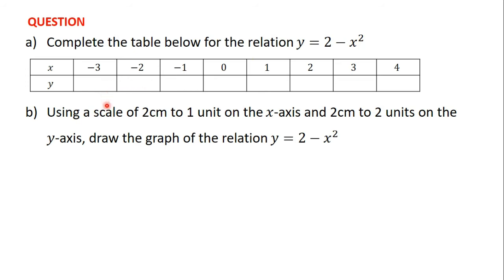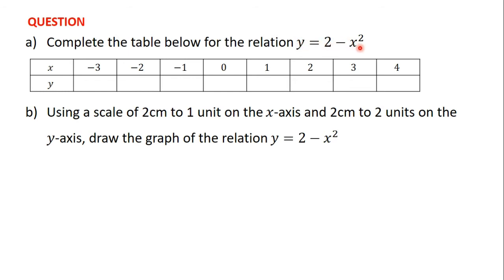Then, after that, we will use the set of x and y values we have in this table to draw the graph of the relation y is equal to 2 minus x squared on a graph sheet by using a scale of 2 centimeters to 1 unit on the x-axis and 2 centimeters to 2 units on the y-axis. We will solve the first part of the question in this video, then we will solve the second part in the next video. So let's begin with the first part, completing this table for the relation y is equal to 2 minus x squared.